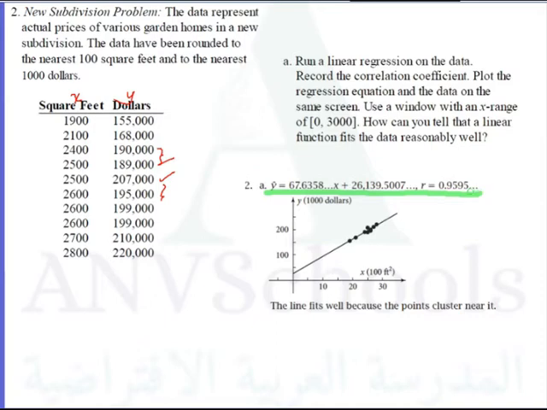Notice that the points converge on this region, but still the regression line is here. This is what makes the sum of squares approximately the minimum, and the line fits well because the points cluster near it. So this is by methods of graphing.